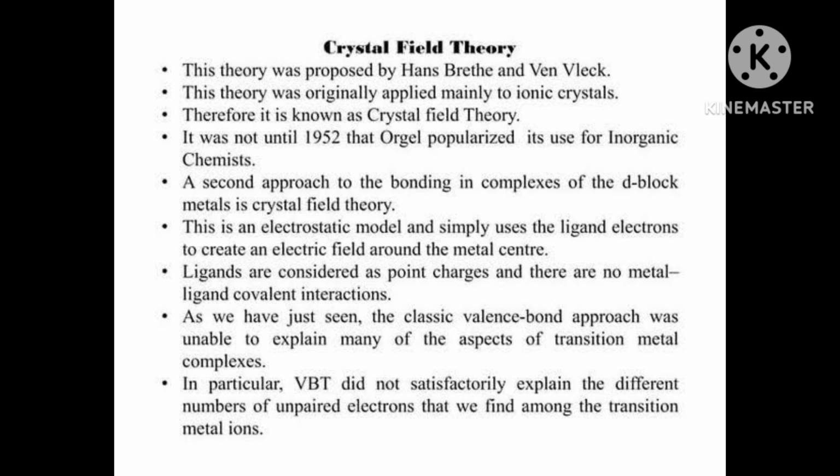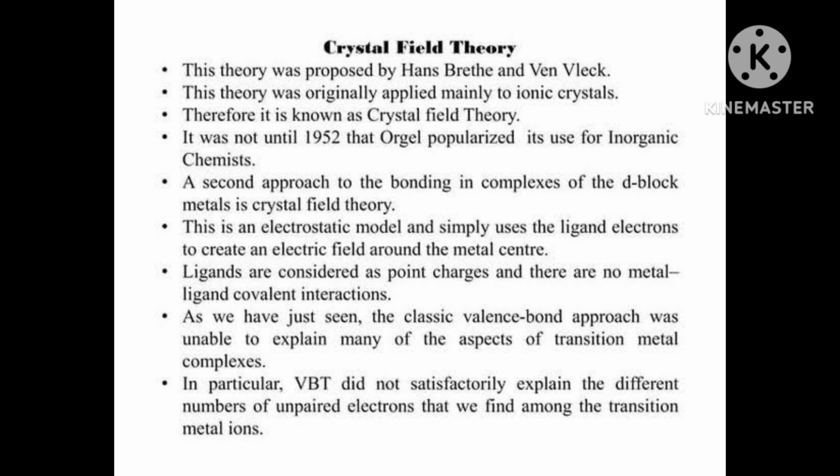Then what will happen when it is away from the ligand? Obviously, when the d orbitals come in front of the ligands, there will be more repulsion. They are coming in just opposite directions, correct?